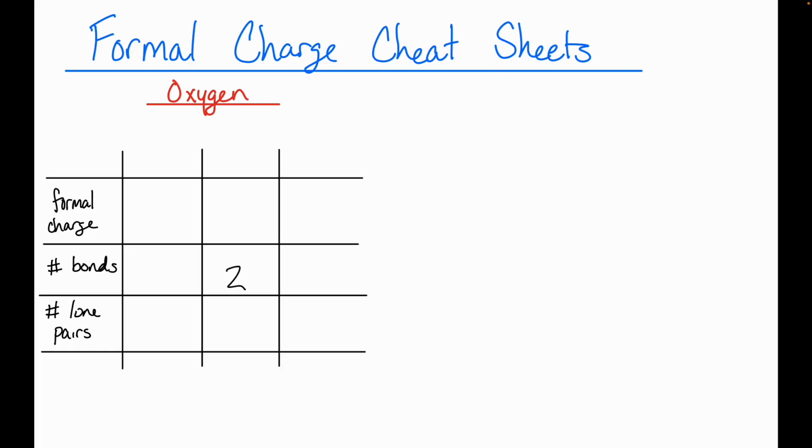It's 2 bonds and it's 2 lone pairs, right? And remember, when we said it likes to have, that means its formal charge would be 0. Okay, so if we just want to draw a little example up top here, we'll draw our oxygen with its 2 bonds and its 2 lone pairs. Nice and happy, formal charge is 0.